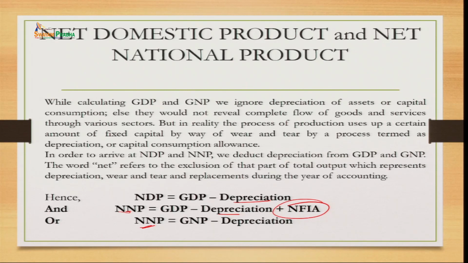And then we have NNP or GNP at market price and at factor cost, and that difference we are going to cover further in this lecture as well. Factor cost is basically the cost of production, right. If you are calculating it on the cost at which you are producing it, then we calculate it at factor cost, and when we calculate it on the price at which we are selling it in the market, that is called market price.